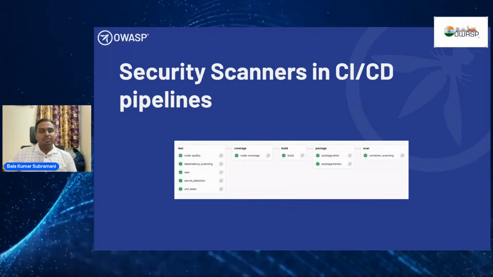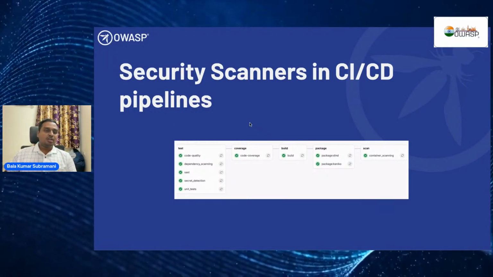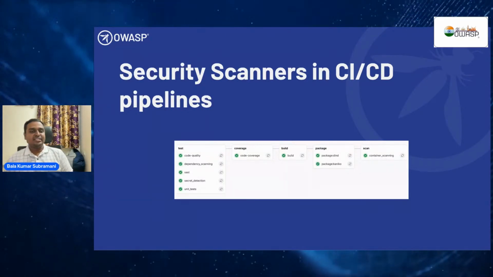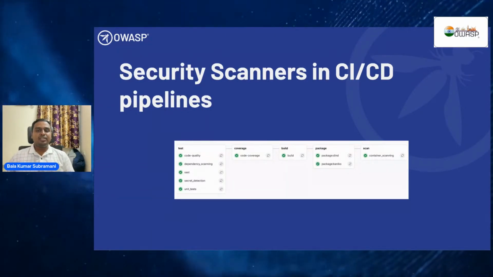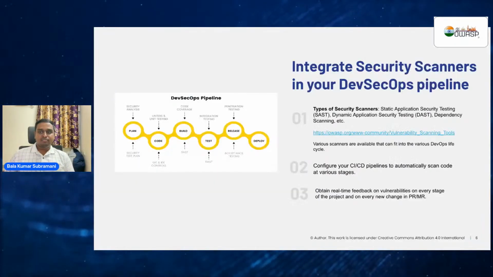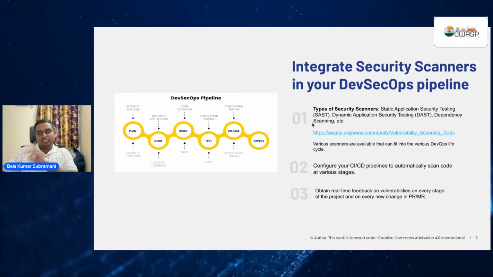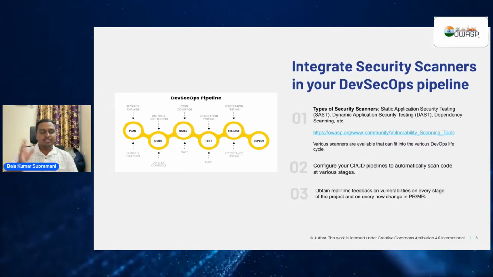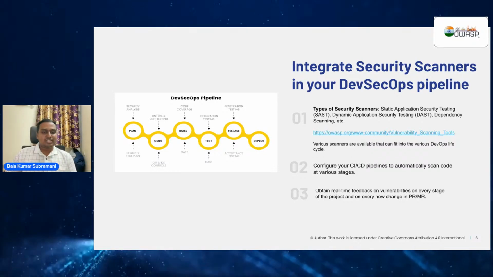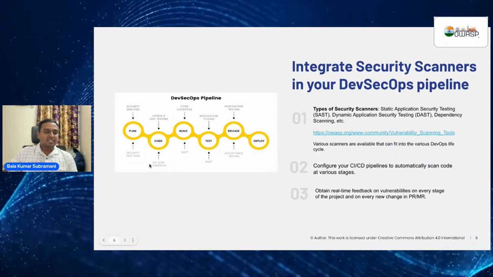We'll dive into our first section, which is seeing how security scanners can be set up in a CI/CD pipeline. So just going back to that overview where security testing happened at the last phase, now we want to shift it towards the left and do the testing at each phase of the DevOps lifecycle. Right?